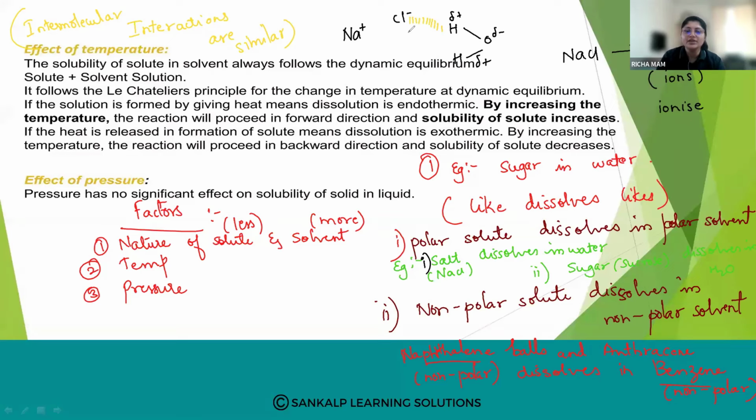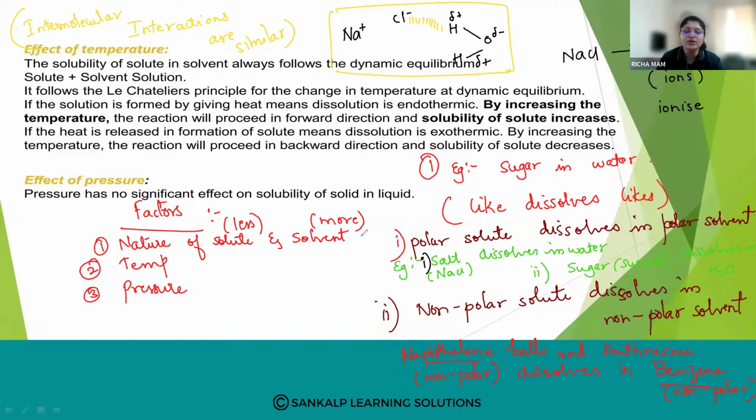So the salt will get dissolved in water because like is dissolving in like. Same with respect to sugar also. When sugar is dissolving in water, the forces present due to intermolecular interactions are similar. The polar solute will dissolve in polar solvent.